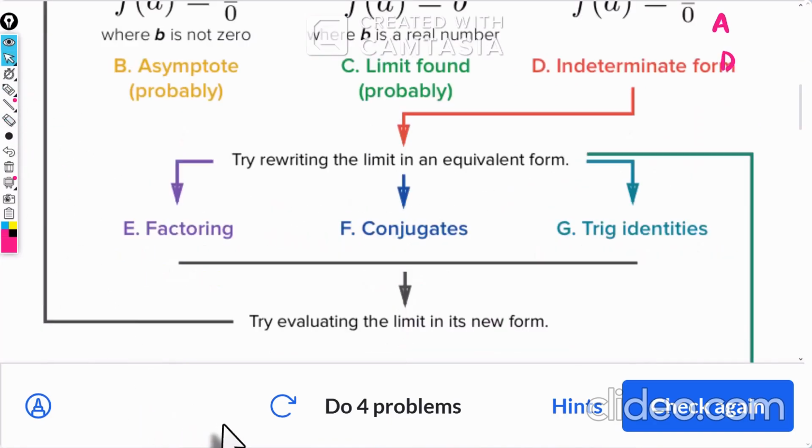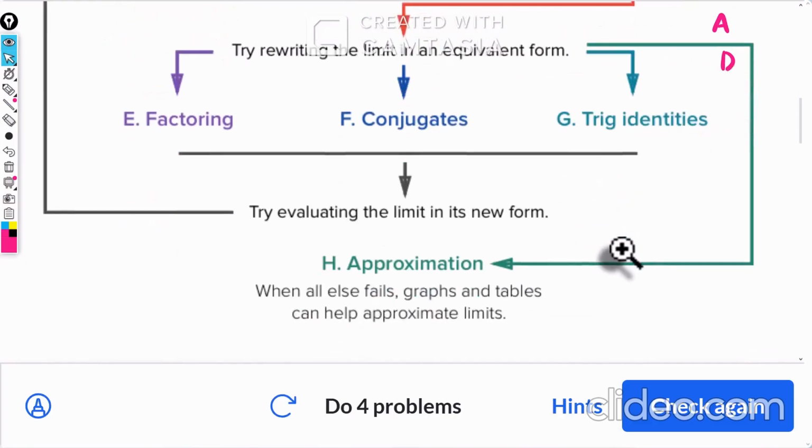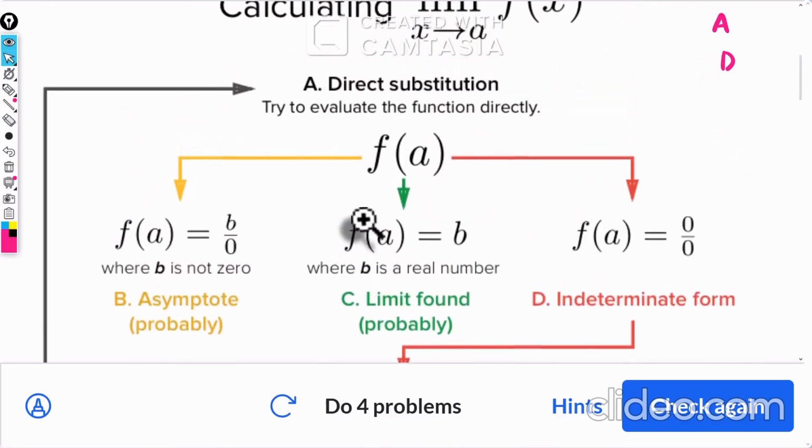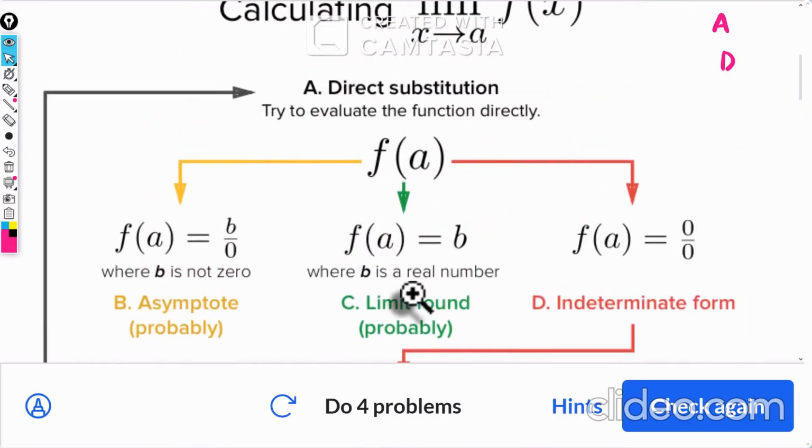Well, let's see. All right, we did trig identities. And then we went back around. After trig identities, which was G, we did substitution again, and the limit was found. All right, so the trig identities was G. And then we used direct substitution, and the limit was found. So that was A and then C.